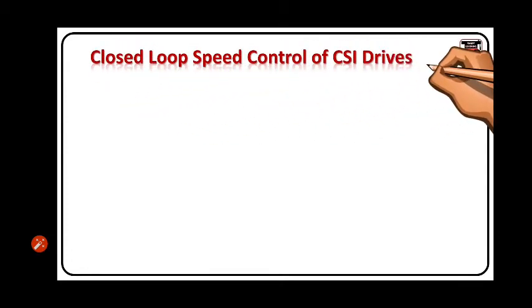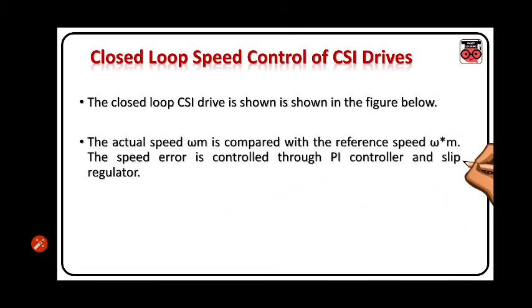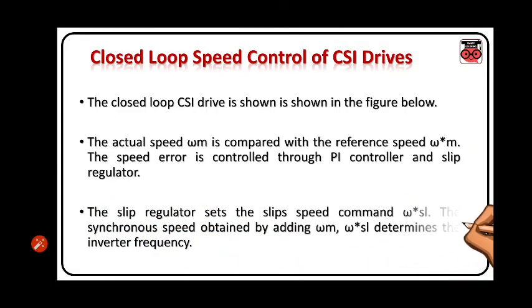Now, the closed loop speed control of the CSI drive. The closed loop CSI drive is shown in the next slide. The actual speed omega m is compared with the reference speed omega star m. The speed error is processed through a PI controller and slip regulator. The slip regulator sets a slip speed command omega star SL.